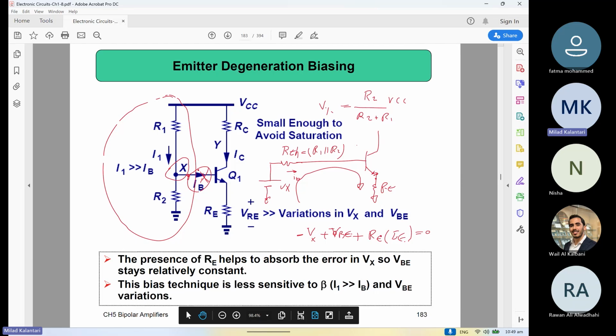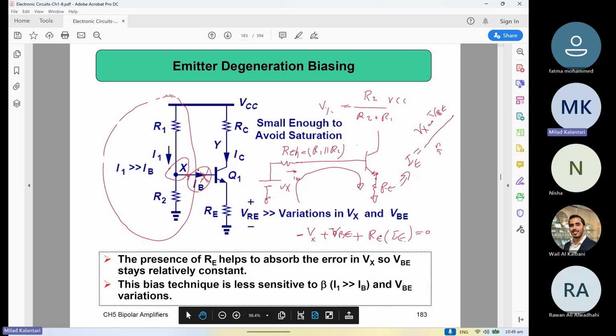I assume now the R Thevenin is small enough that we can just ignore it at the moment. So what will happen is the IE, the emitter current, is basically Vx minus VBE, right?